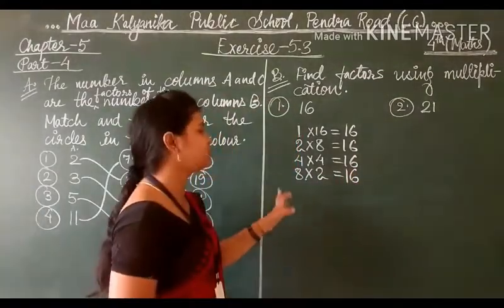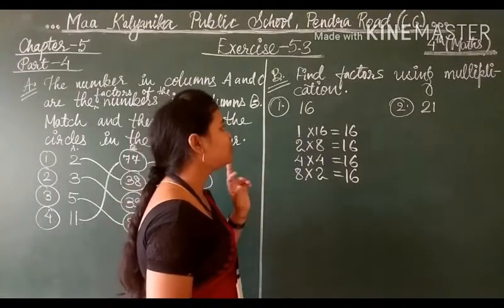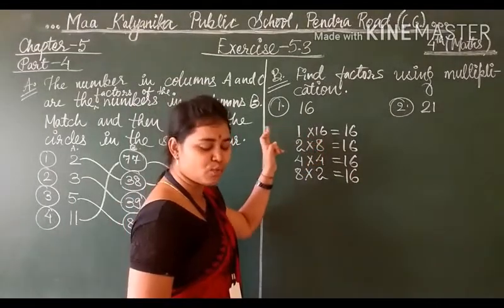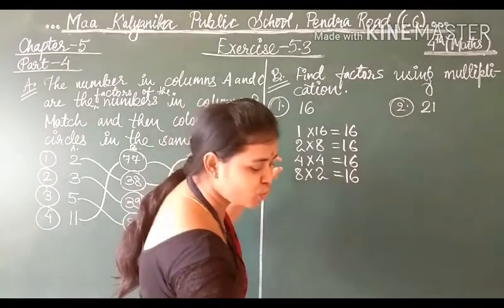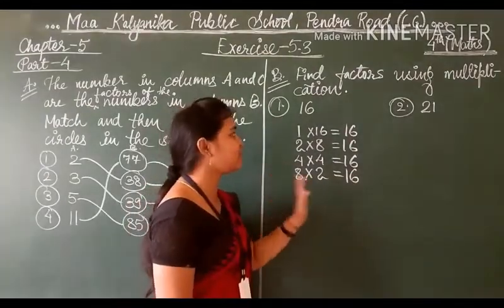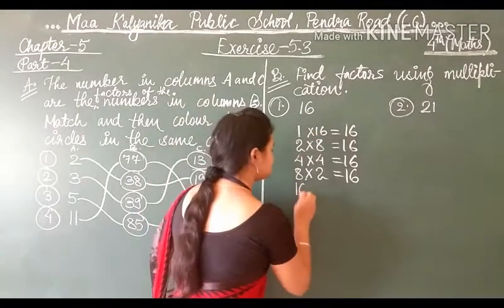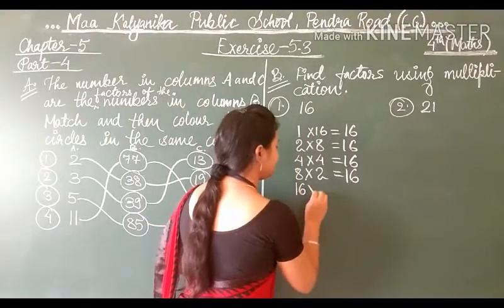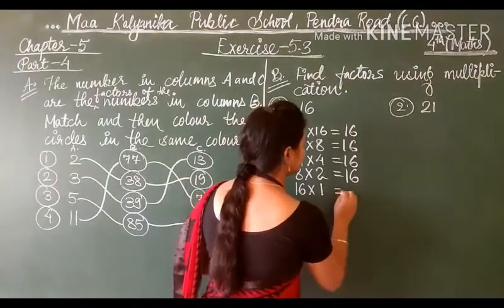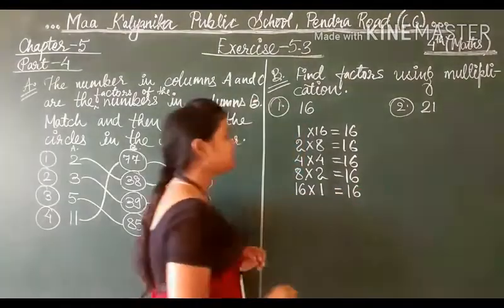Okay students, 8 twos are 16. So now we can say that 1, 2, 4, 8. And is there any more number which can divide 16? So 16 into 1 also we can take. So 16 ones are 16.